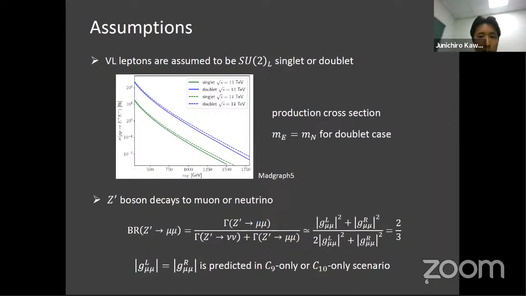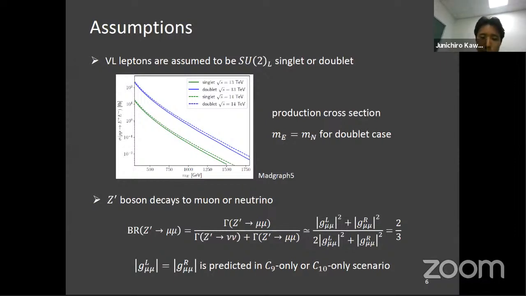Okay, but in the later analysis, we make some assumptions. One is that the vector lepton is singlet-like or doublet-like. Here the production cross-section is given. We will further assume that the vector neutrino has the same mass as the charged vector lepton for the doublet case. And of course, in the singlet case, we don't have the vector neutrino.